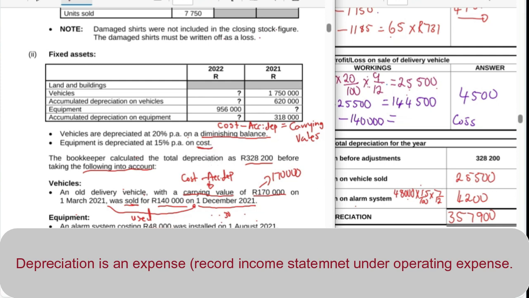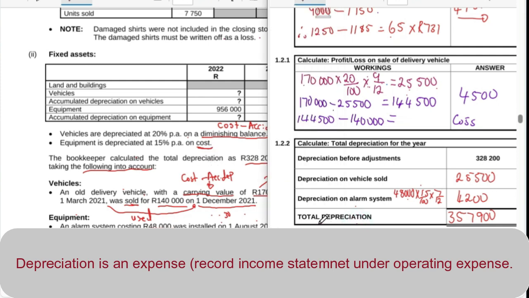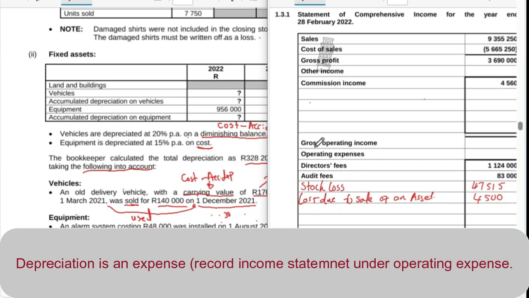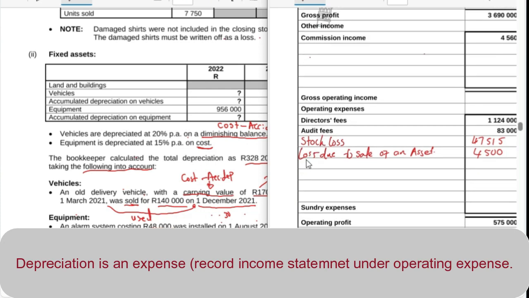Yes guys, since we have the total depreciation for the year, and depreciation is our expense, it needs to be recorded under our income statement. So we have depreciation of 357,900.